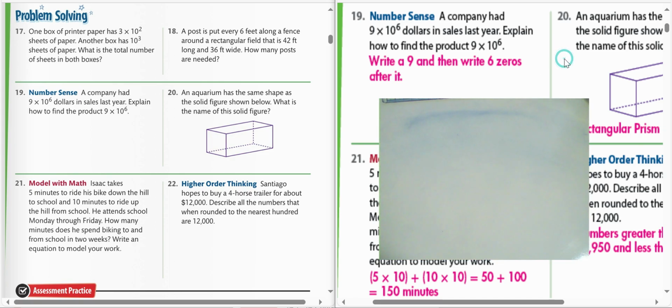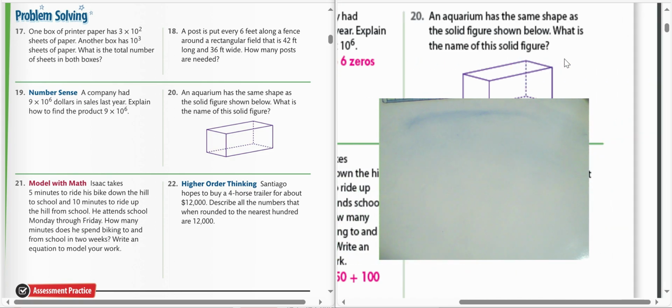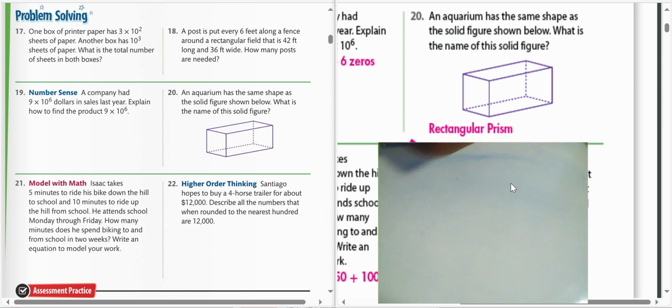Question number 20. An aquarium has the same shape as the solid figure shown below. What is the name of the solid figure here? We have here a cuboid. We call it a cuboid, or rectangular prism.